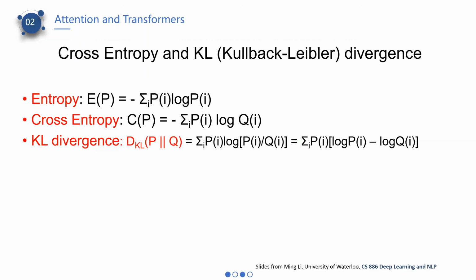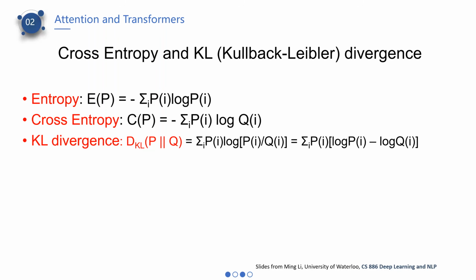Therefore, in the neural network, we use cross entropy. It was only the last term here. So this captures our thing, and this is our loss function. That's why you always use cross entropy, but it comes from the KL divergence.